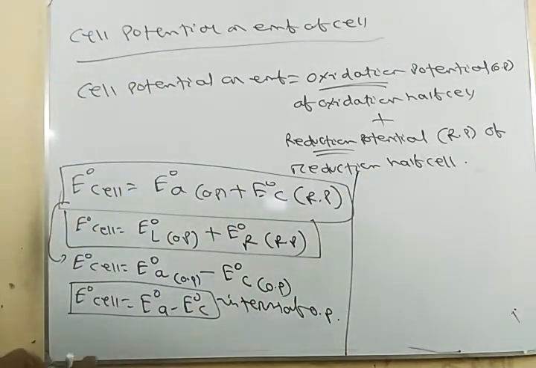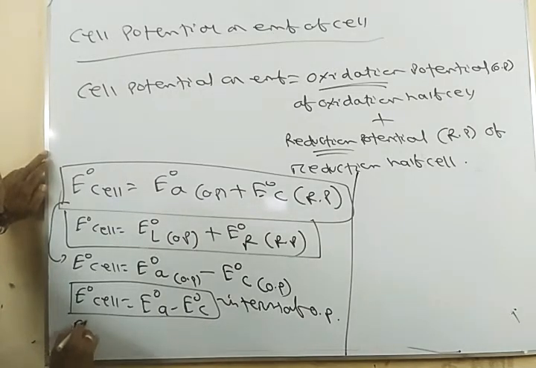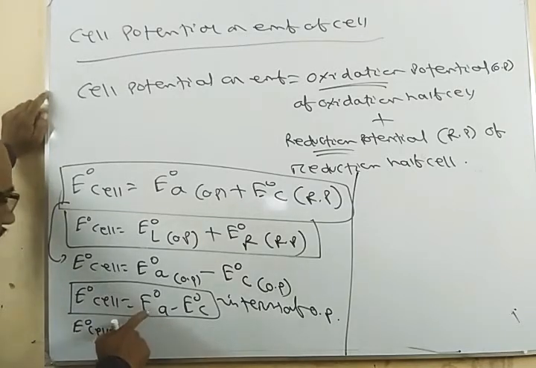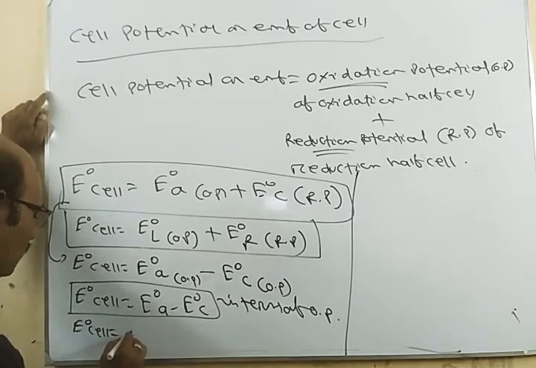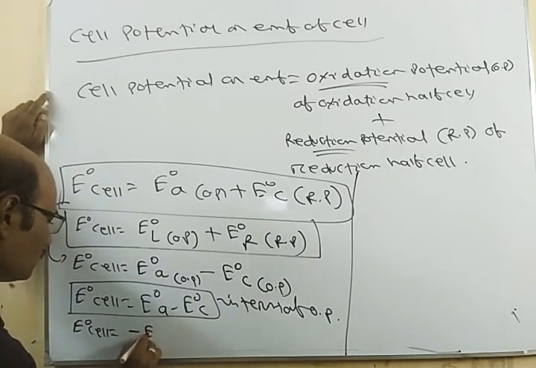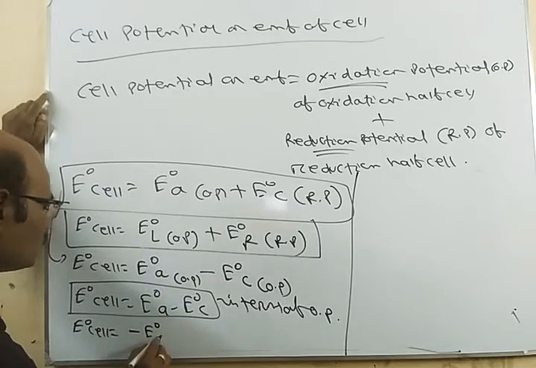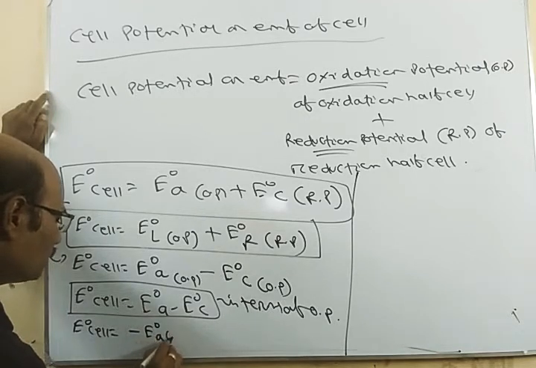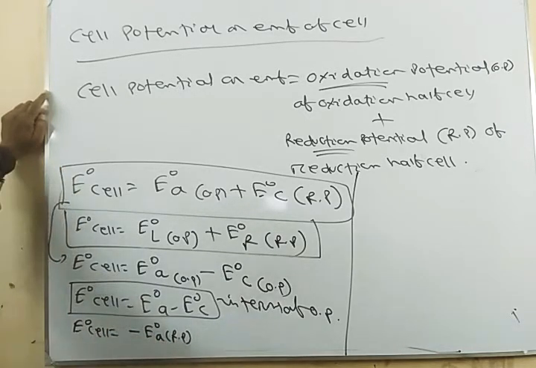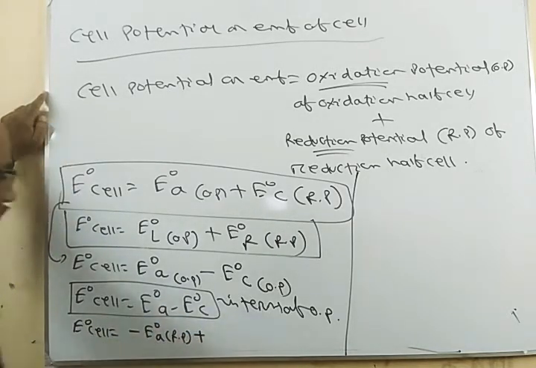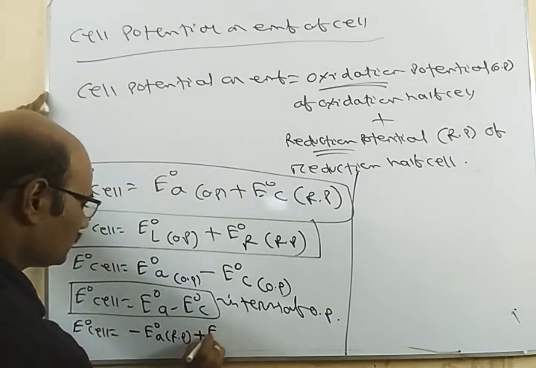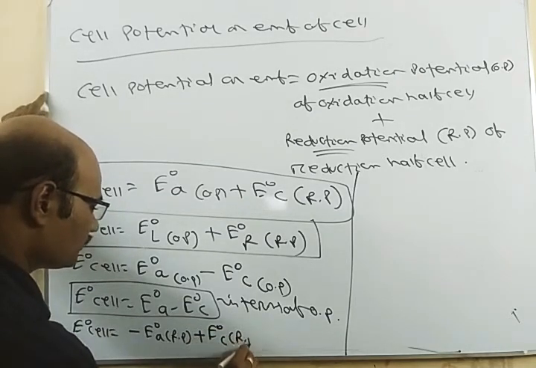Now, if I go for reduction potential, E cell is equal to, see, E anode OP, again the value, minus E anode RP, plus E cathode RP.